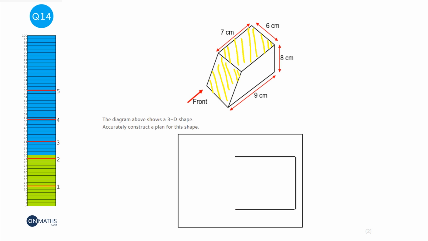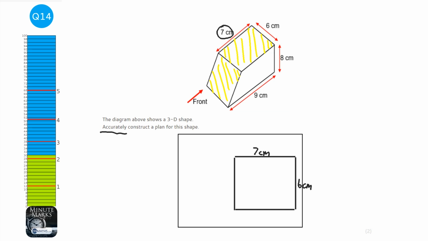And if I label it, that's going to be 7 centimeters, and that should be 6 centimeters. And in your exam, just make sure you actually measure them, because they are said to you in here, and it does say accurately construct. So you want to make sure that it's done 7 centimeters and 6 centimeters.